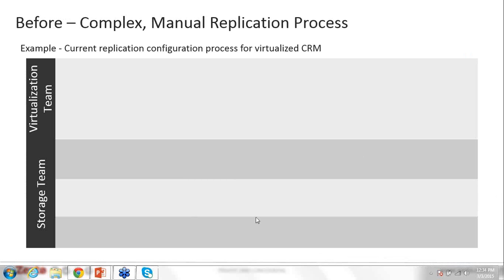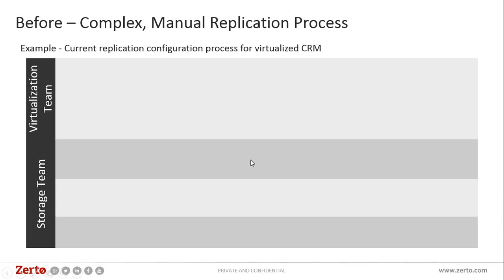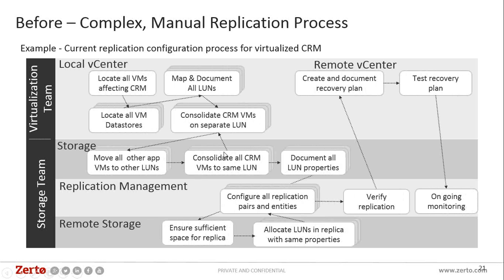Before, we had a complex manual replication process. This is an example if you're doing SRM with storage replication. You have to look at all the steps within the virtualization team. You have to locate all the VMs, get them mapped to the same data store, make sure that data store is the correct one, document all the properties, and ensure that there will be no changes made within the environment.